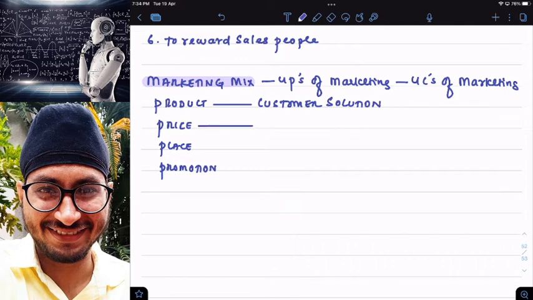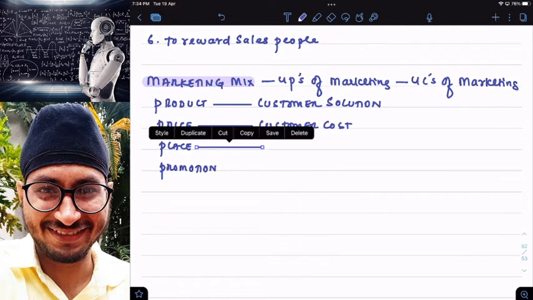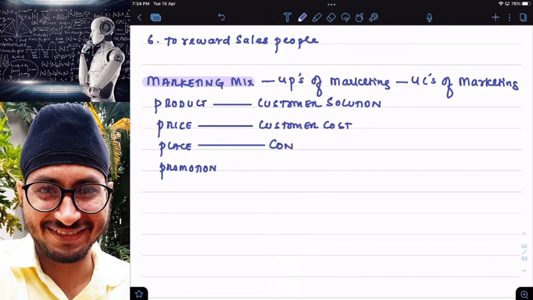Price is called as customer cost. Then place is called as convenience. And promotion.